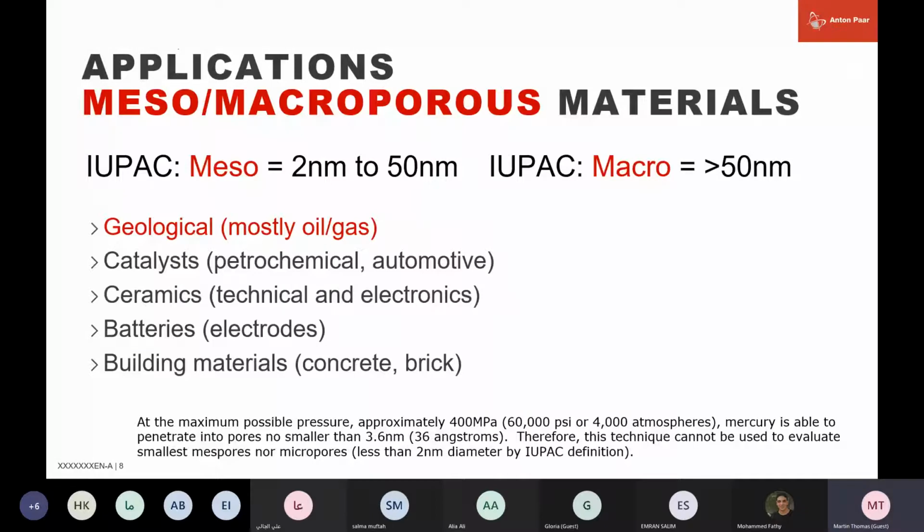On the macropore side, IUPAC says everything larger than 50 nanometers is a macropore. There's no further delineation according to IUPAC. Now, if you're interested in nanomaterials generally, and say, well, maybe my rock cores have some nanopores, the general description of nano is everything smaller than 100 nanometers.